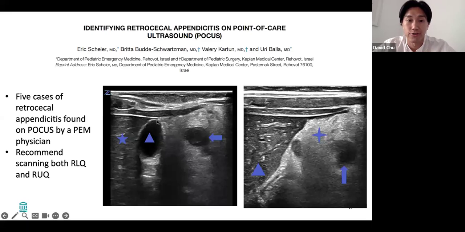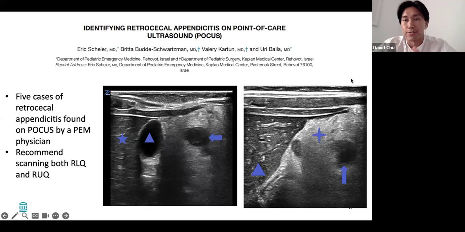Right here, you see your traditional right upper quadrant view with the liver here. You have the gallbladder right there. And right here, you have this tubular structure, which is a retrocecal appendix. Same image, different patient, same position: liver, and some subcutaneous tissue and fat. And then you see the appendix popping into view right there in the right upper quadrant.